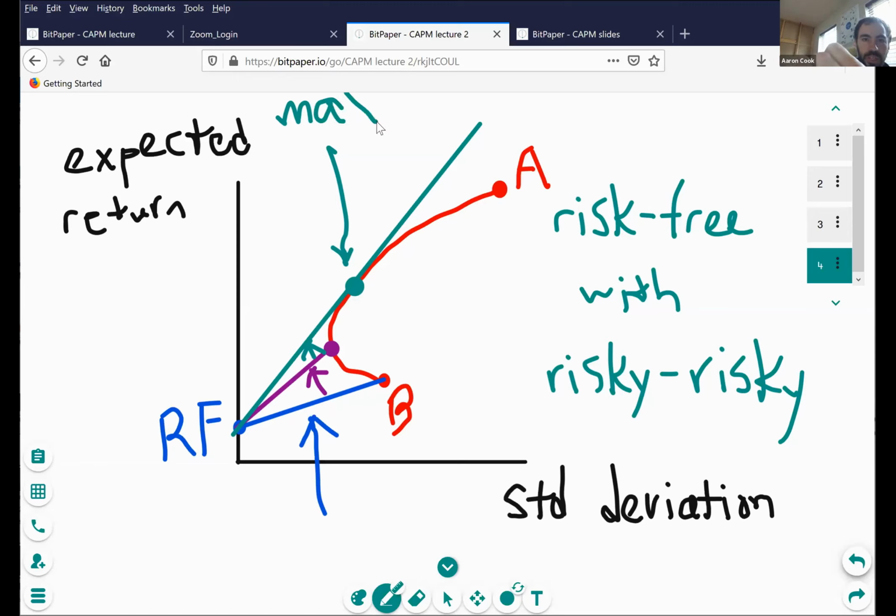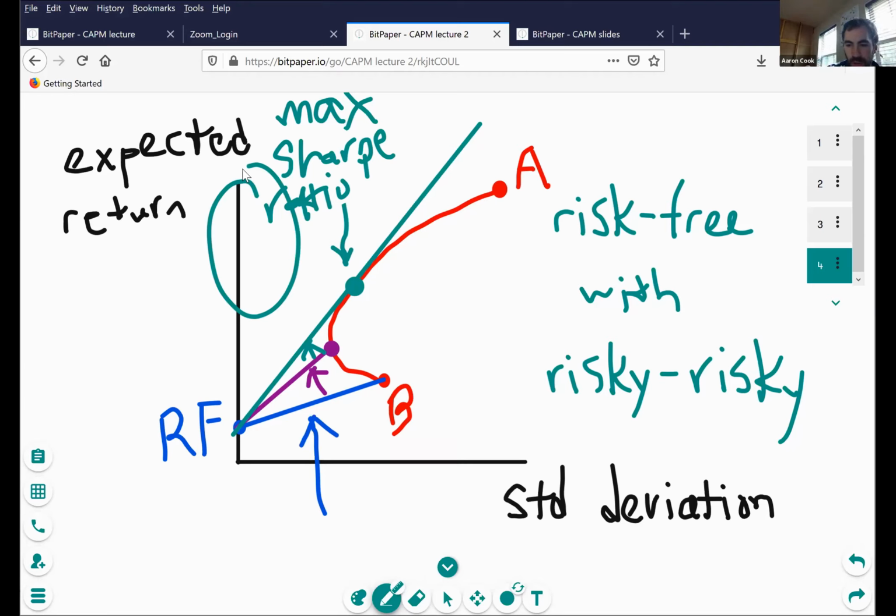That's going to be the portfolio that represents the max Sharpe ratio. So the teal dot on that red frontier is the portfolio that will push up this set of feasible portfolios as far up into this northwest corner promised land that we're trying to get to.